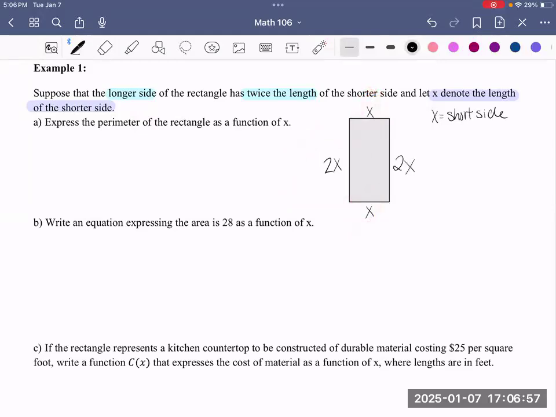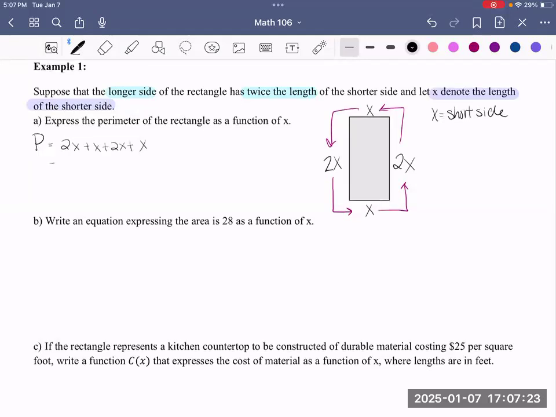So when it says express the perimeter of the rectangle as a function of X, the perimeter is just the distance around it. So we need to travel all the way around this box and add as we go. We could say 2x plus 2x plus x, and so on.